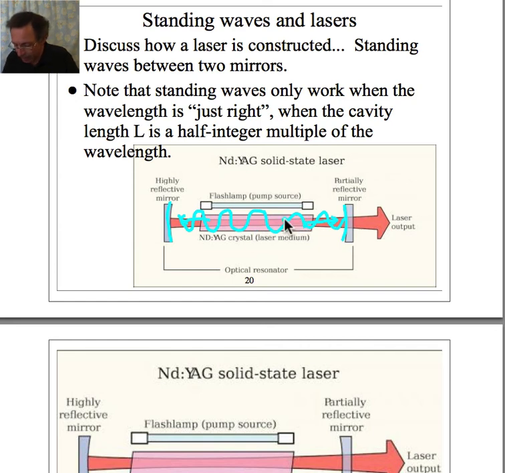Finally, to get the laser light to come out, there's either going to be a little tiny hole drilled in the end of this mirror, or the surface here is deliberately not 100% reflective. They may put in a 99% reflective mirror at this end, whereas this end here is 100% reflective. And so that's how the light that's been bouncing back and forth in here comes out.